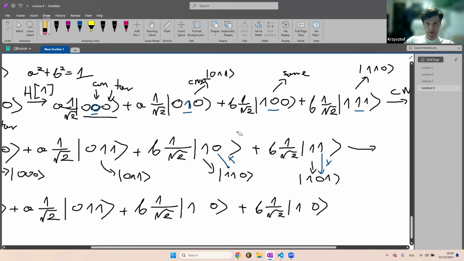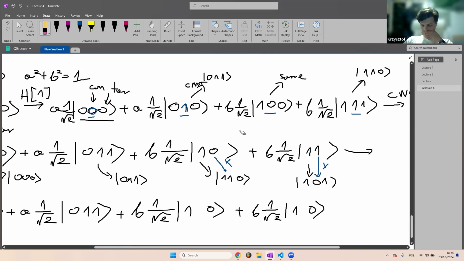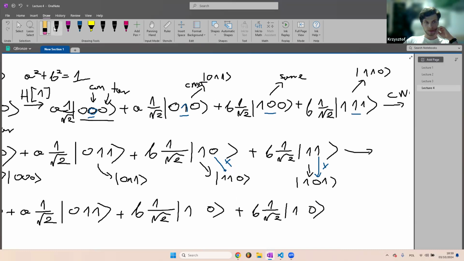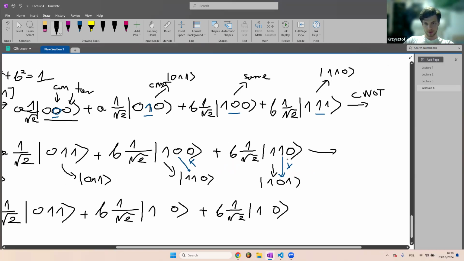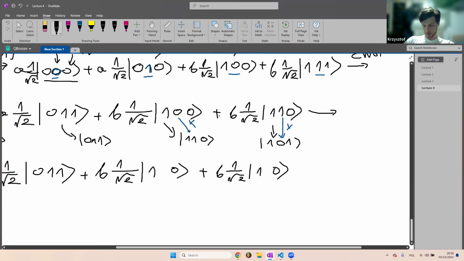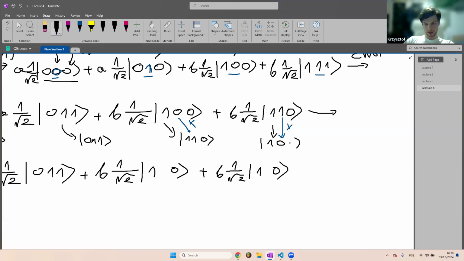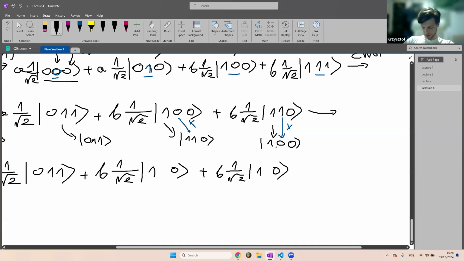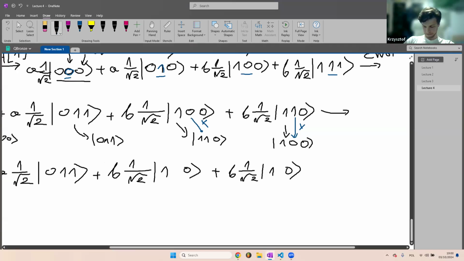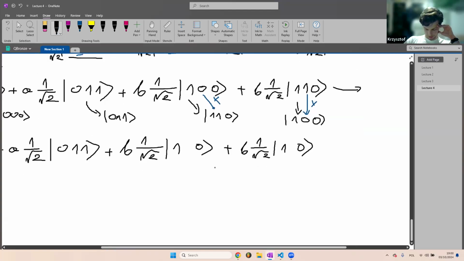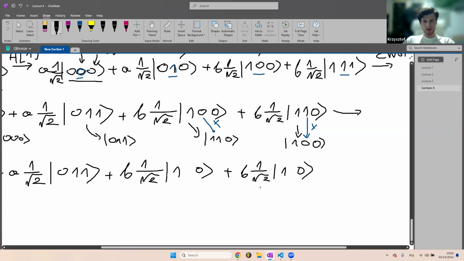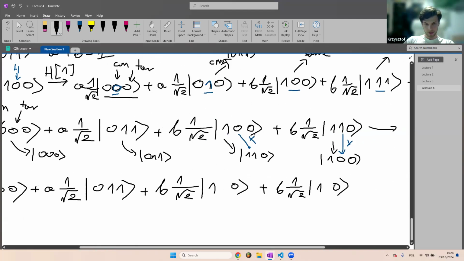I was wrong here. No. 0, 0 is okay. But this is 0 here, right? So this changes to 1, 0, 0. I must have made a mistake in my notes. But let's move on.